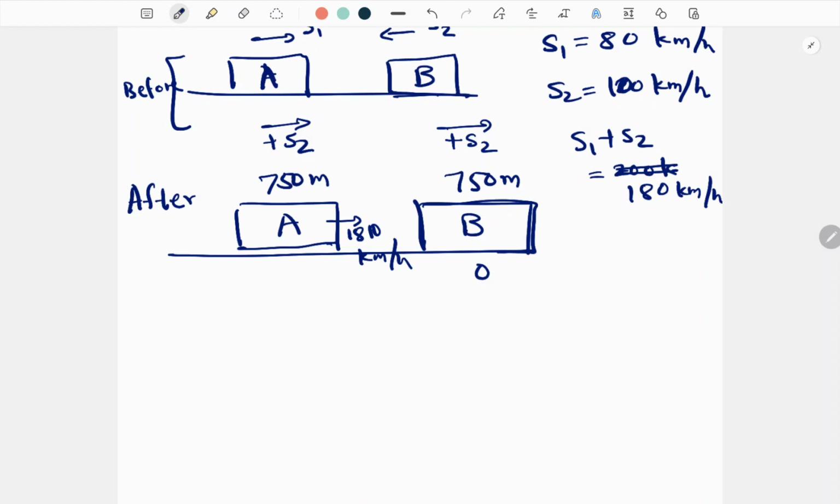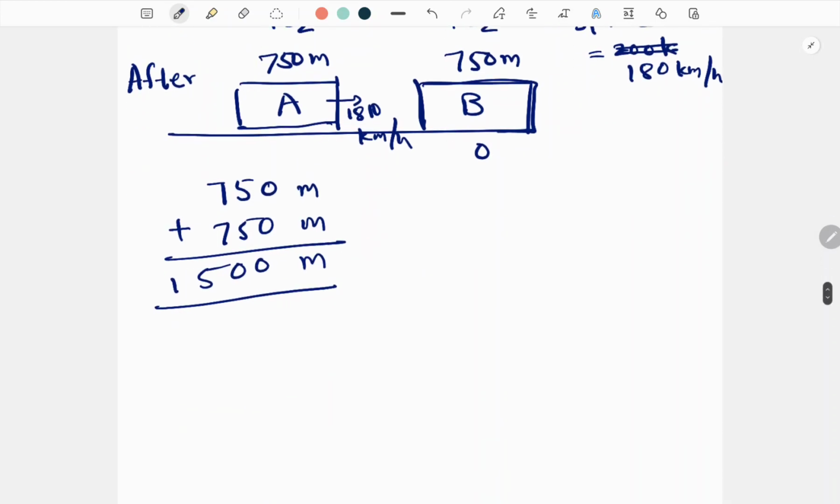So now we are asking how long will it take for train A to cross the entire length of train B. That means train A has to cross its own length plus the length of train B. So it has to cross 750 meters, its own length, plus 750 meters, the length of train B, which is 1500 meters. Now we have all the parameters in place.